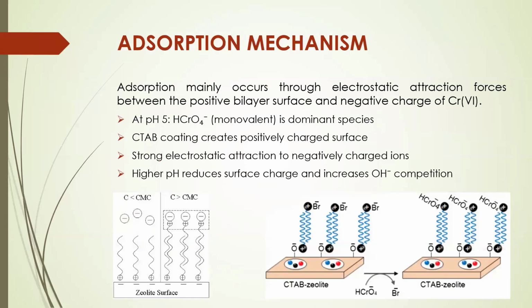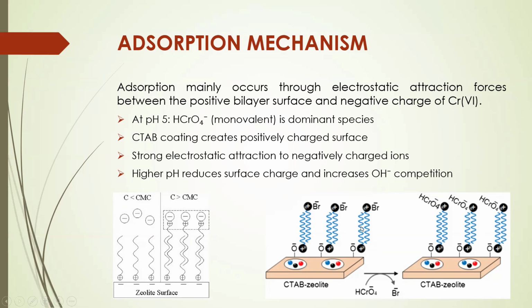Now let me explain the mechanism driving these remarkable results. Adsorption primarily occurs through electrostatic attraction between the positive bilayer surface created by the surfactant and the negative charge of chromium-6 ions, as you see from the figure.